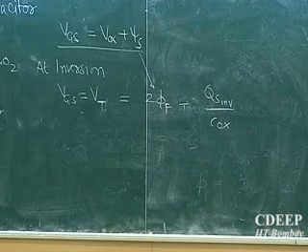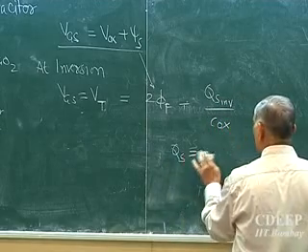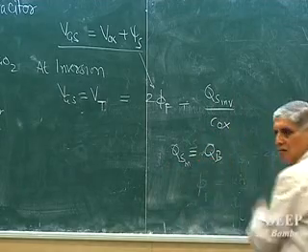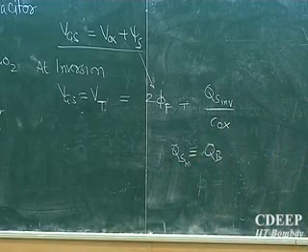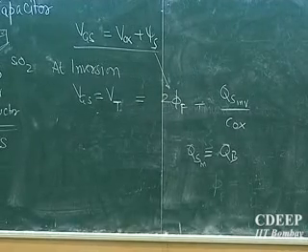But what is the definition I give? How much is Qs at the inversion? Qs at inversion is nothing but QB. Before the electron concentration is there, we say that charges are only because of the depletion layer.